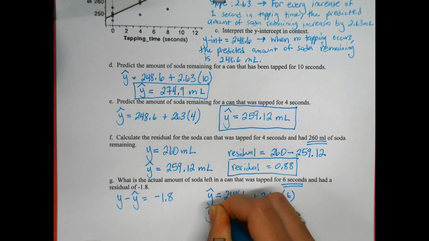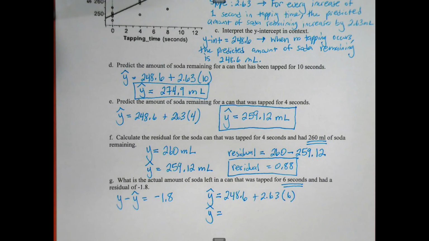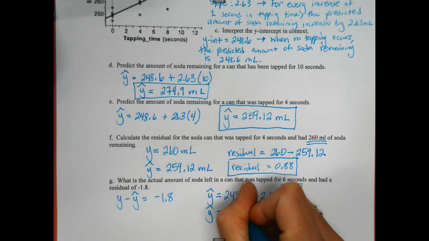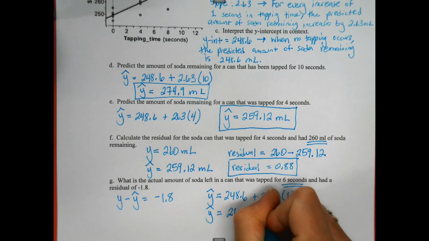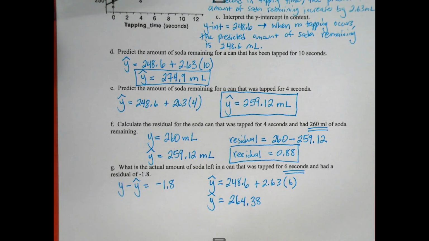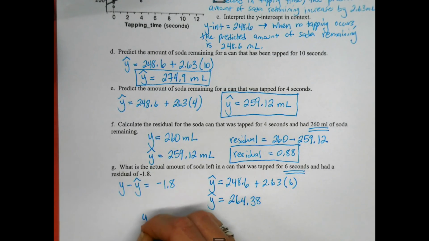And in this equation, we find out that our predicted value is 264.38 milliliters. So then we use that in our equation to find our actual.